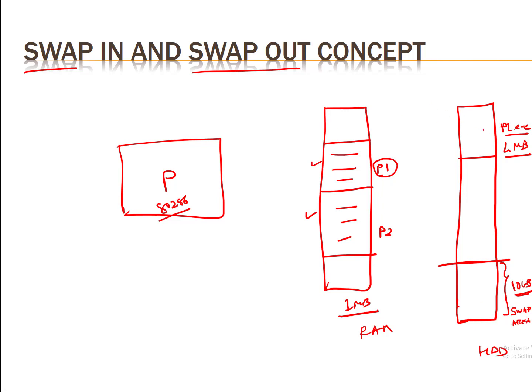Out of 4 MB, only the initial few KB will be loaded for P1, and when all those instructions get executed, they will be transferred into the swap area. That is known as swap out. New instructions are loaded from hard disk to RAM, and once those are executed, again they are transferred into the swap area.